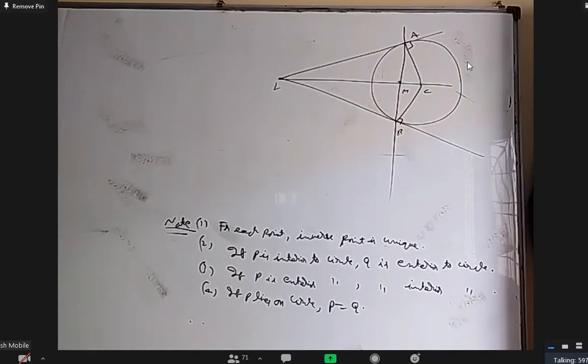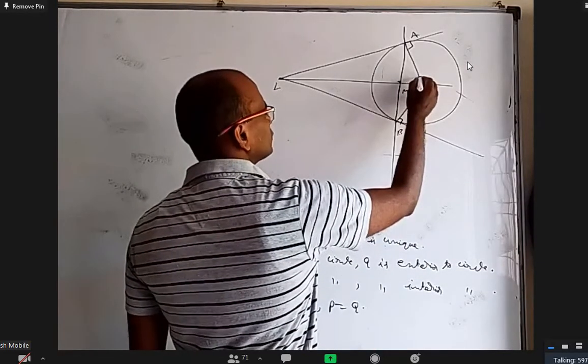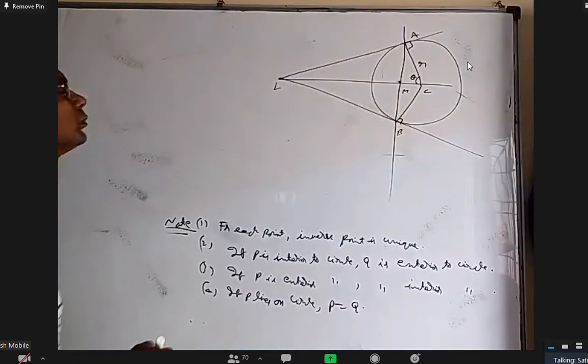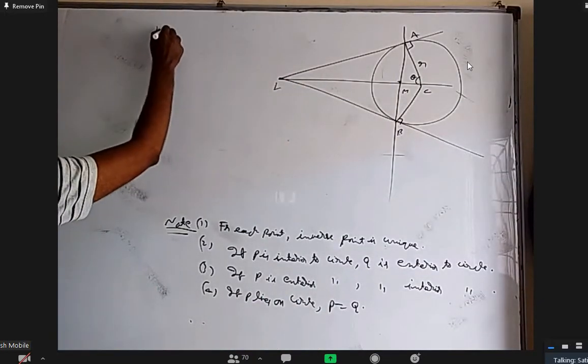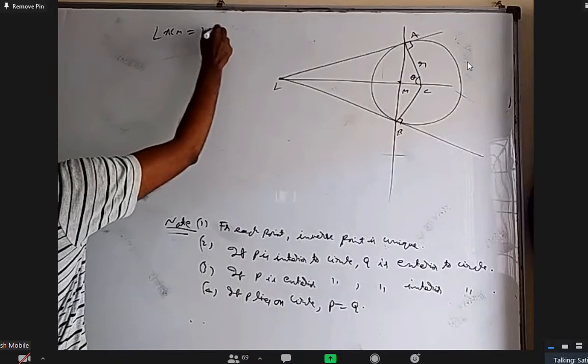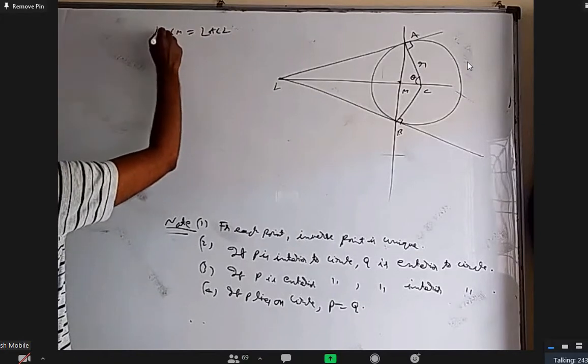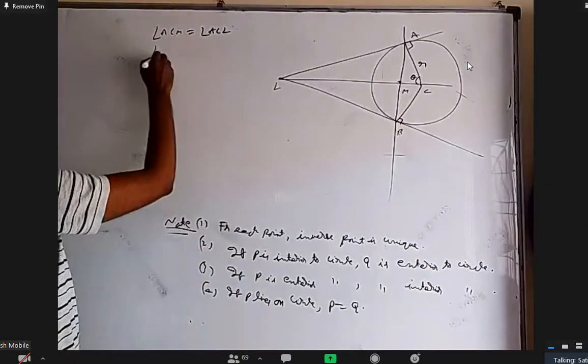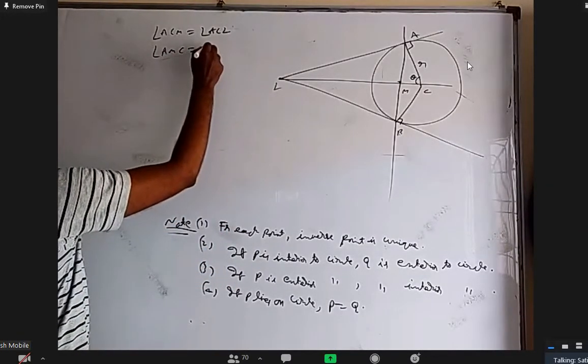Triangle AMC is similar to triangle LAC. So R by CL is equal to R by CL. This is theta, this is R. Angle ACM is equal to angle CBM is equal to 90 degrees.